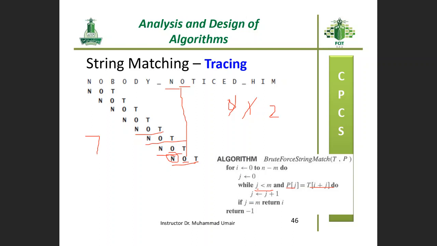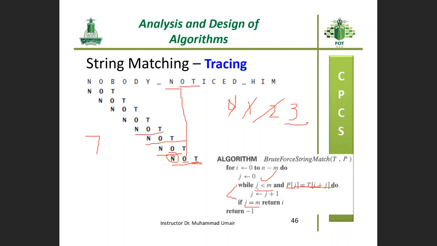Again, it will compare the third character of the pattern with the 9th character of the text. So T is equal to T. This condition is true, and j will be incremented. j becomes 3. When j becomes 3, this condition becomes false. 3 is not less than 3. So it will come here, and j is equal to m. Yes, j is equal to m.